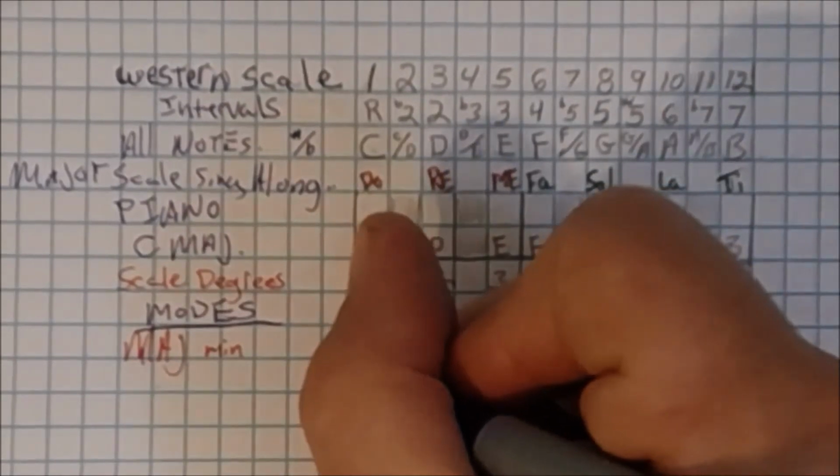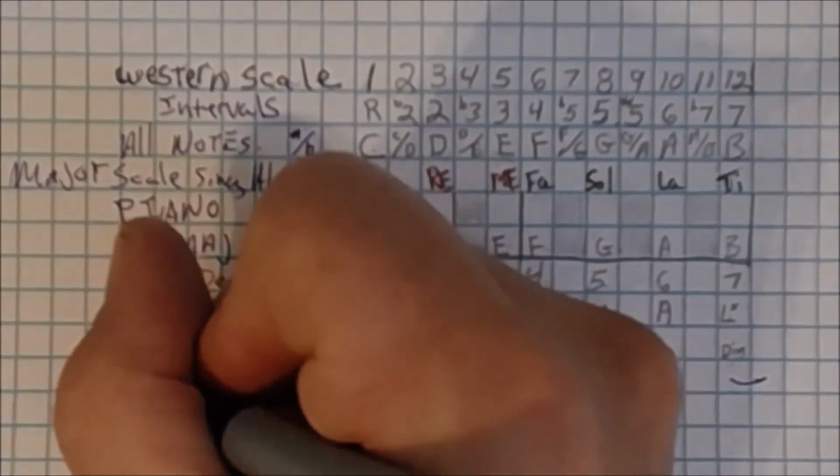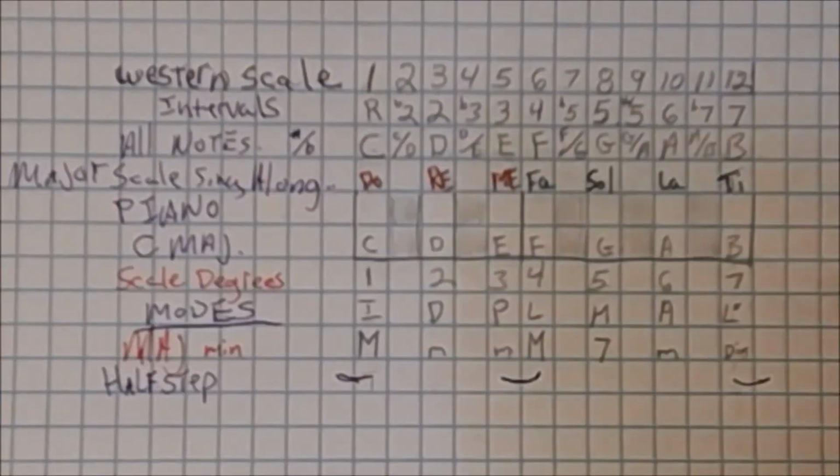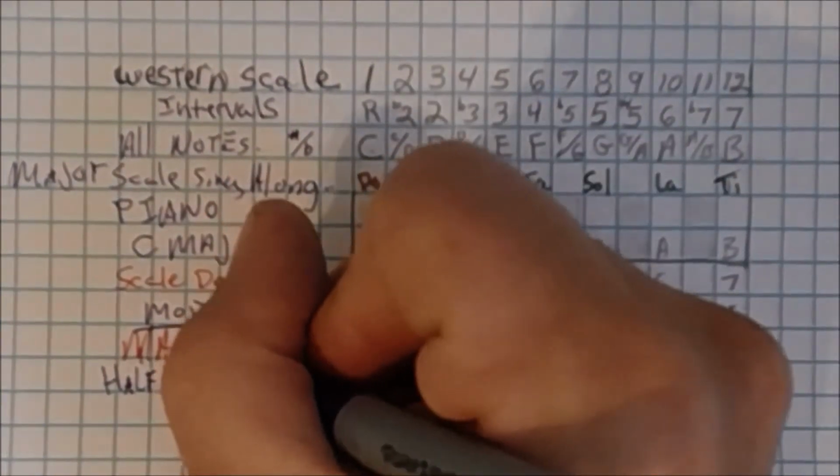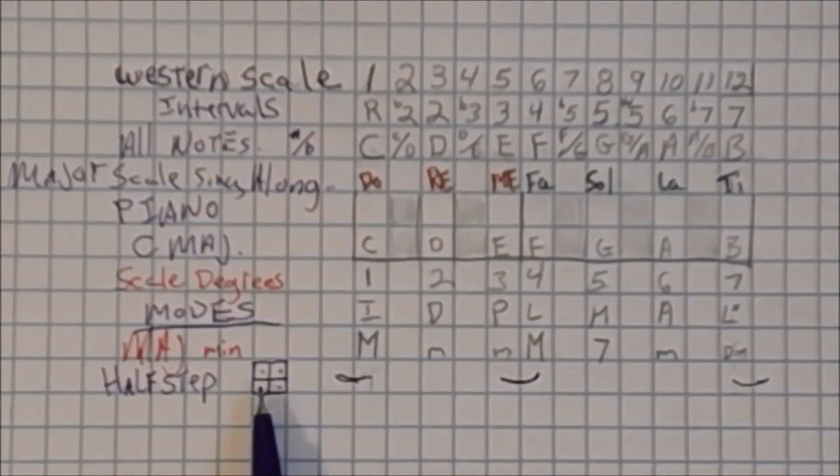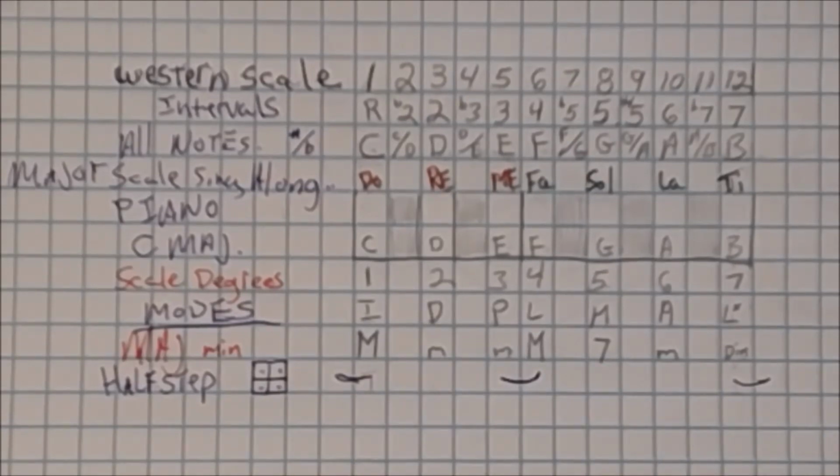We'll use a little underscore here at the mi and the fa and the ti and do. We'll label it half step, and we'll draw a little box right next to it too, because it's these half steps that form this exact box shape of notes on your guitar's fretboard, making all this very important foundational information easy to translate right to your guitar's fretboard.